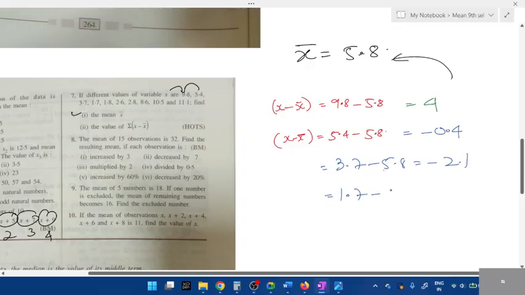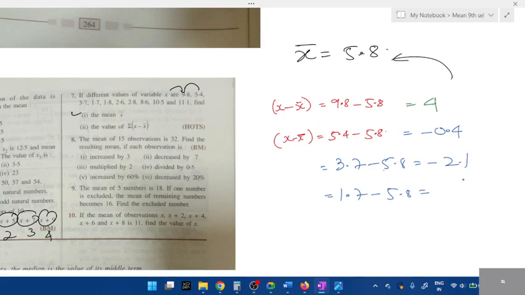Take the next one. 1.7 minus 5.8. Okay, calculate everything.